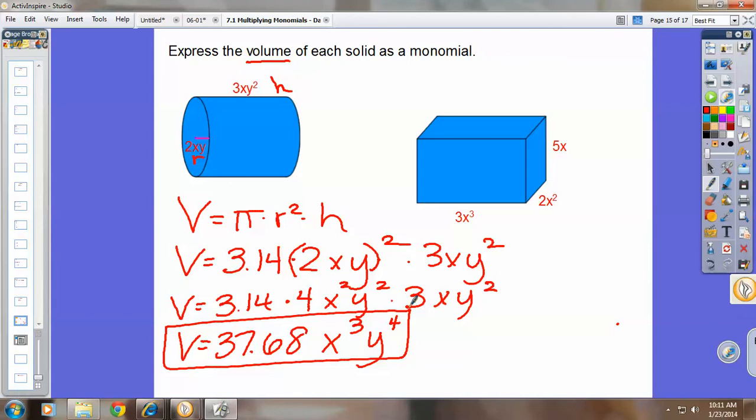I don't think that we find volume by taking base times height. What should it be? Base times length times height, or length times width times height, if we want to look at it. I disagree with that formula there. So, guys, please keep that in the back of your mind. That one is not correct for this situation anyway.